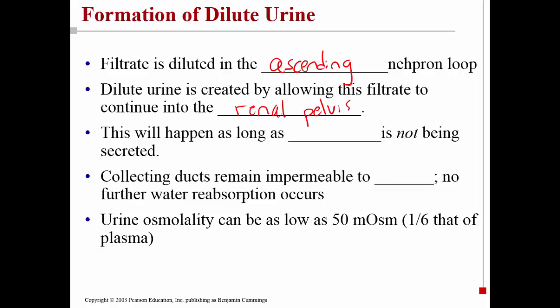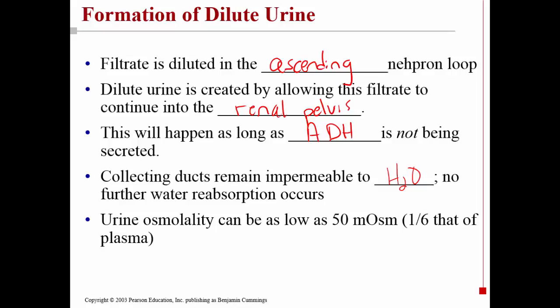Now, this is what's going to happen as long as a hormone called antidiuretic hormone is not being secreted. Collecting ducts will remain impermeable to water, and no further water reabsorption occurs. So urine osmolality can be as low as 50. That's quite a bit lower than the 300 milliosmolar of all the other fluids in your body. Okay, so the default again for juxtamedullary nephrons is to make dilute urine.